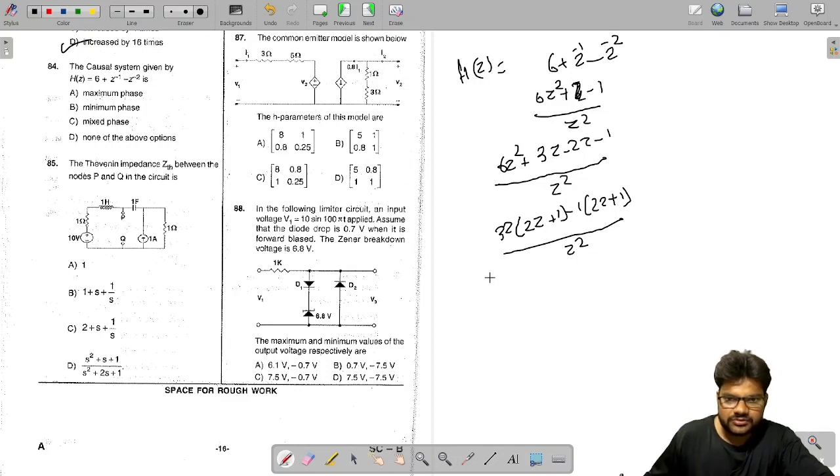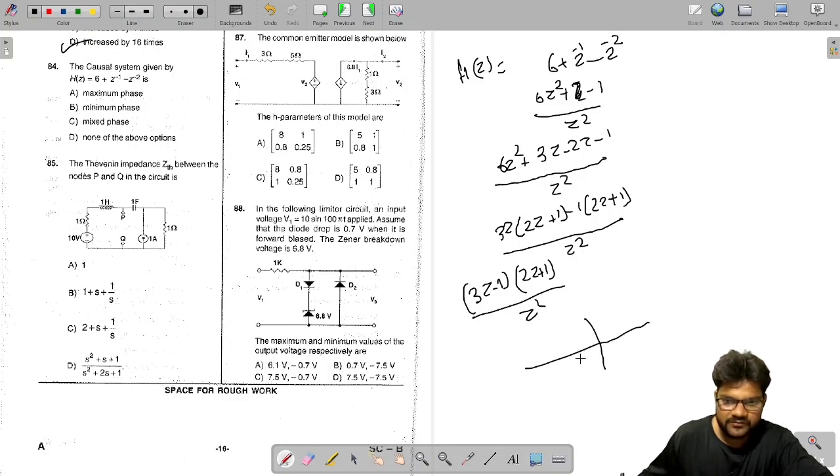So this is 3z minus 1 and then 2z plus 1, by z square. So the zeros are at minus 1 by 2 and at 1 by 3, right? So the zeros are at minus 1 by 2 and 1 by 3, and the two poles are at 0.